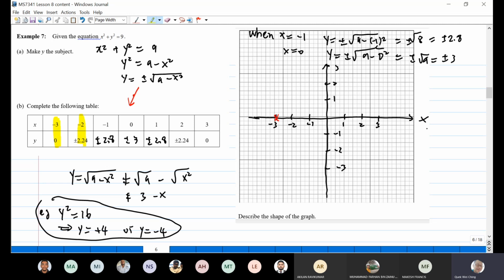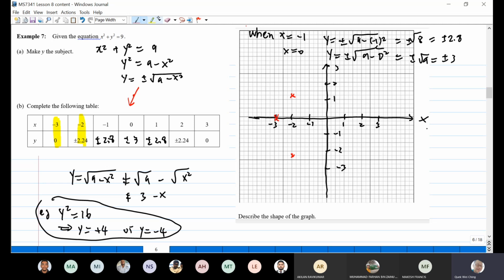So somewhere around here, 2.24 is plus here. So I'm going to mark the point here. 2.24 is somewhere here. It's plus 2.24. And then minus 2.24 is somewhere here.